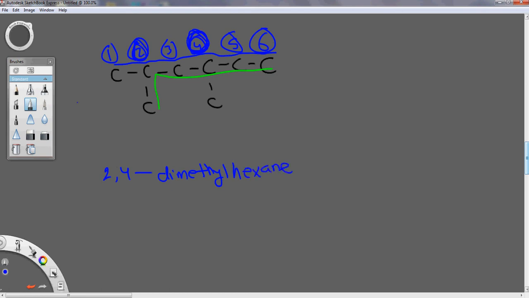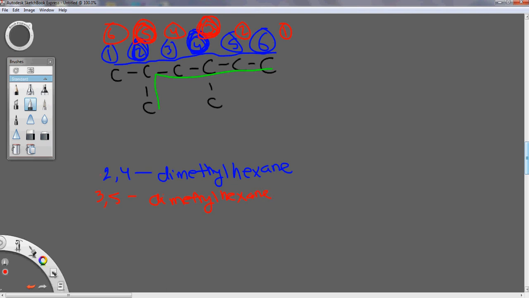Alright, so now let's number it from right to left. 1, 2, 3, 4, 5, and 6. So we have a carbon off the number 3 and the number 5. 3, 5 dimethylhexane.